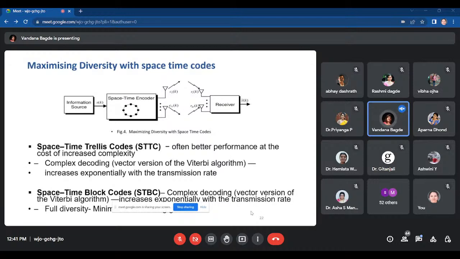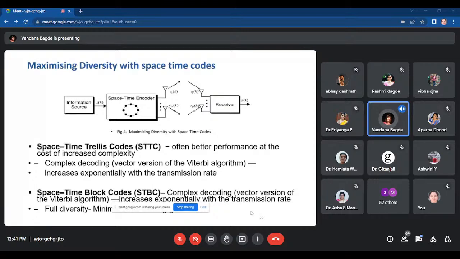If you look at the diagram, we are actually increasing the diversity with respect to these space-time codes. So encoding and decoding play a very important role at the transmitter level and also at the receiver level. The space-time trellis code is one type of encoding algorithm.